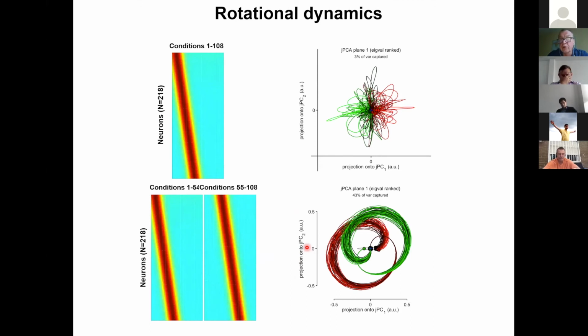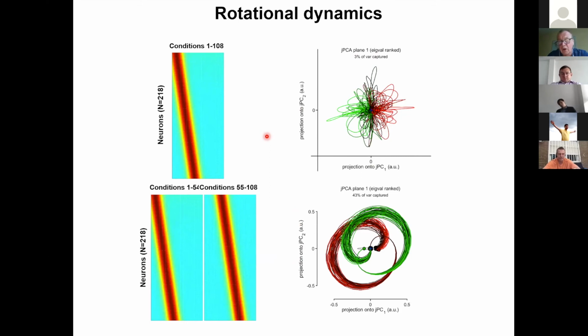The only requirement I had was that these simulated neurons were activated in a temporal sequence. Now, when I applied jPCA, I didn't get any rotations.